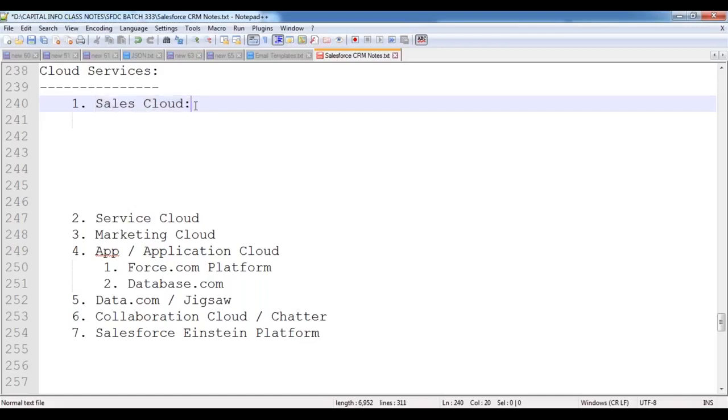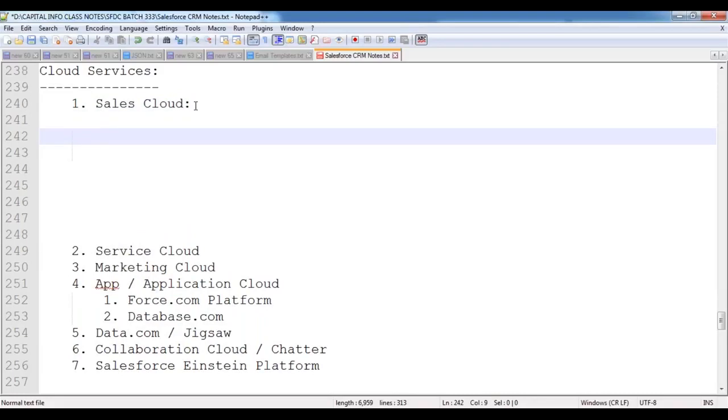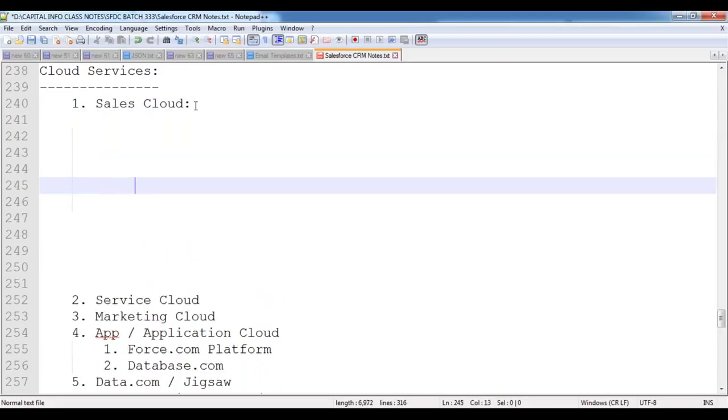Now for example, let me take a general example here. Assume that we have an organization like Big C. I hope everybody is aware of what exactly the Big C organization is. Big C is one of the mobile sales partners.